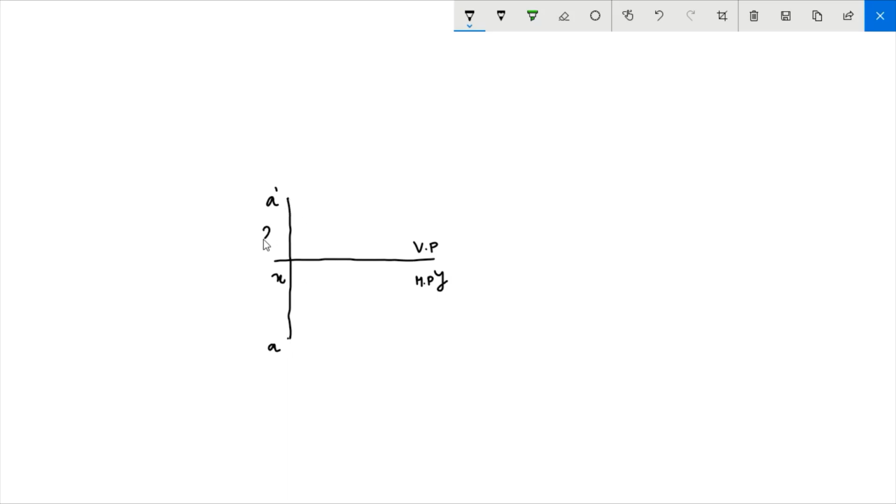So this is 20 mm and this is 30 mm. Now in the question it is given that line AB is parallel to VP and HP. So we have to imagine, which means it will be parallel to the XY line, the reference line.